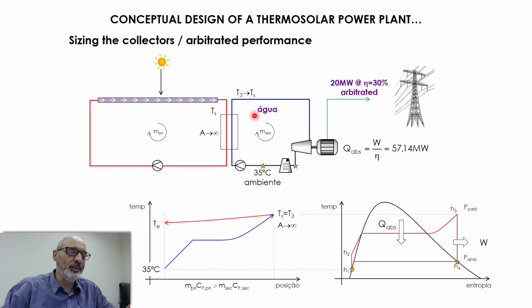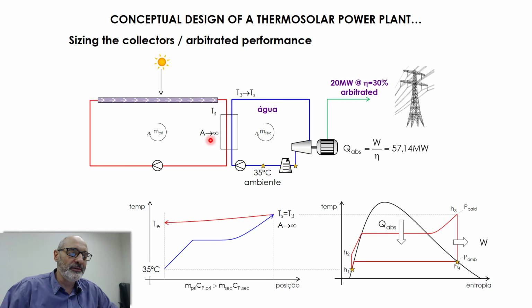So I'm keeping it very, very simple just to show you. So we're deciding to work with water here, and also the environmental temperature, we're going to say that is 35 degrees. Yeah, sorry for the Portuguese here.